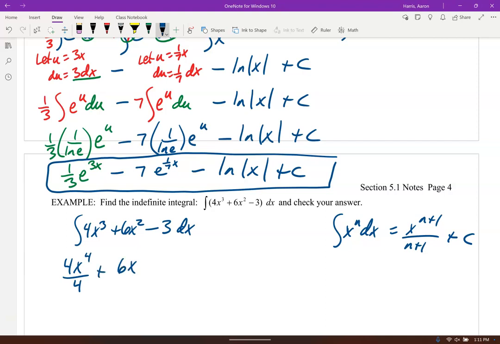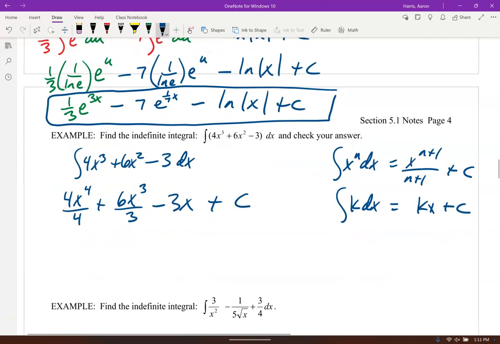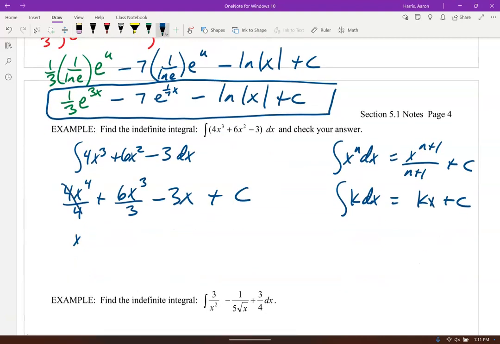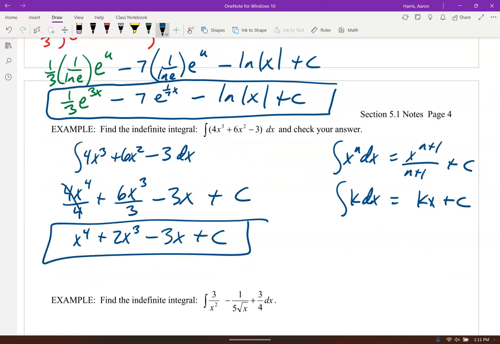Plus 6 x to the 2 plus 1 is 3, all over that 3. Minus, and the integral of k dx is just kx plus a constant. So minus 3x. Plus a constant. So we got x to the 4th plus 2x to the 3rd minus 3x plus our constant.